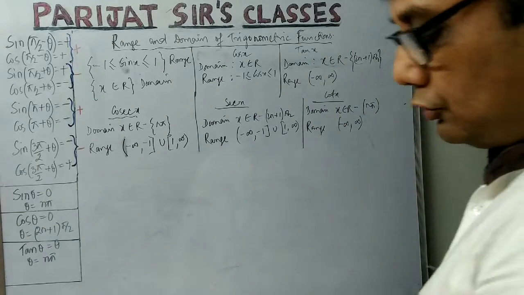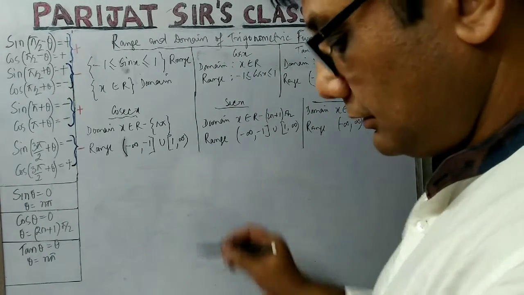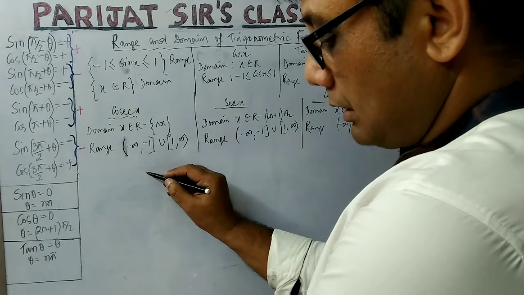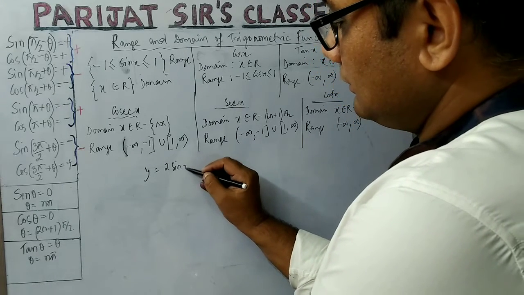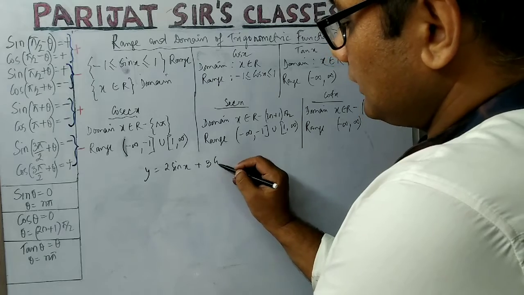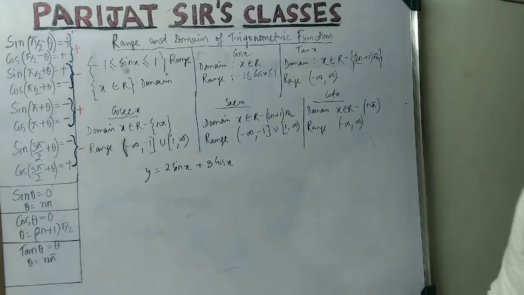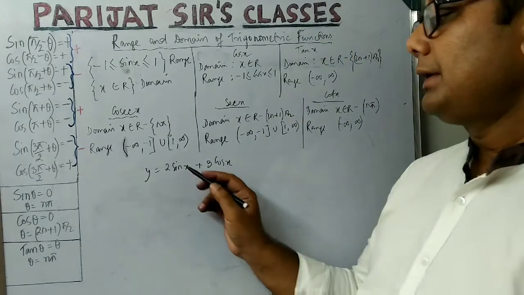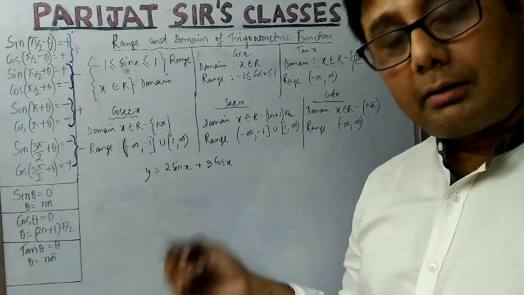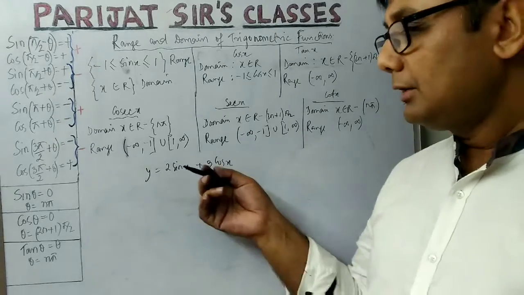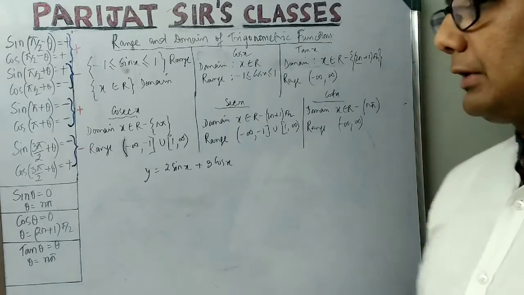Similarly, let me show you a sum like this: suppose y equal to 2 sin x plus 3 cos x. Till now we were having a single function, but this is a double function. So we first have to convert it into a single function.